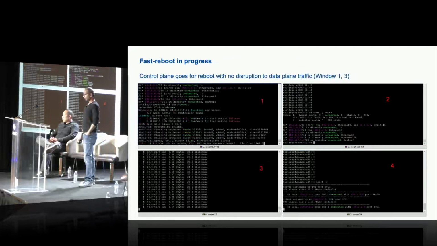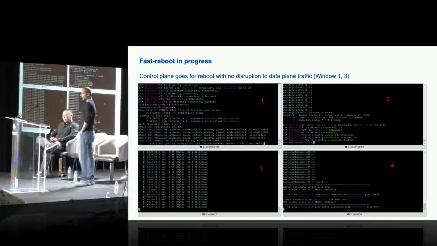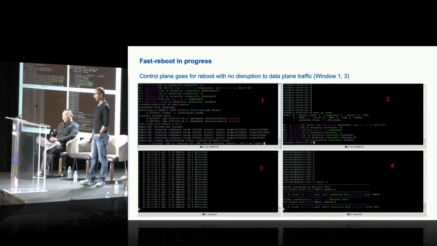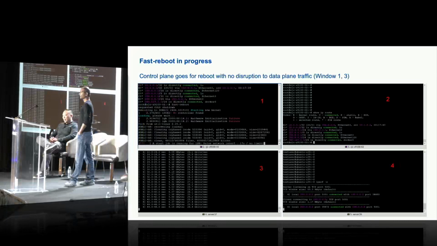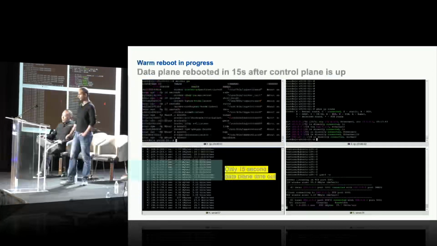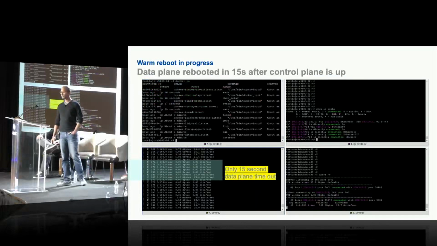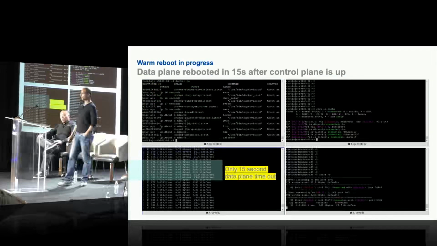Now, if you could read on window 1, I issue the fast reboot command, and the iPerf doesn't show any disruption. There's no disruption in the data plane yet. Once the control plane is up, the data plane gets reinitialized, and that's when I saw only a 15-second disruption.